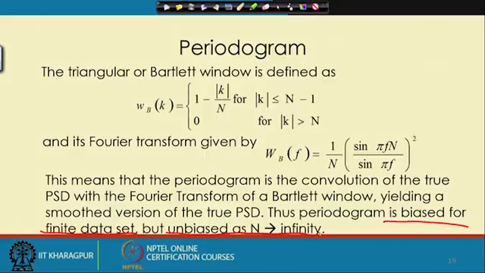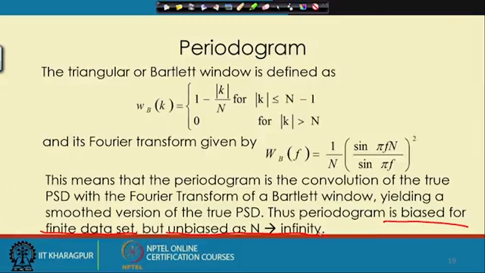As we have seen previously, the periodogram is giving us the result convolved with a Bartlett window in the PSD, but the benefit is that if n is large and tends to infinity, this triangular function will change, and ultimately the frequency transform of this Bartlett window will converge towards the impulse response.